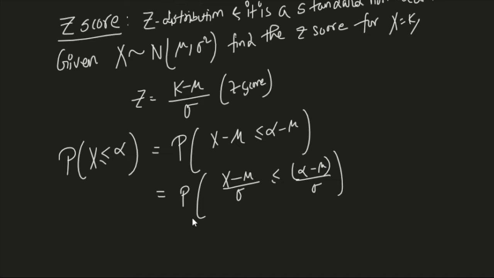Now if x is directly a normal variable, it's fine. But if x is just a representative of a sample which has n entries in total, then we multiply by root n on both sides, and the same here.